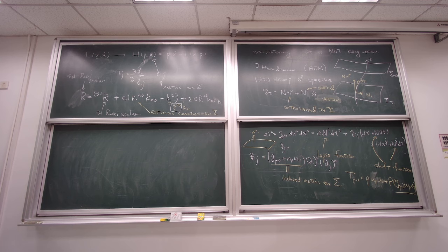And this is the first step, and the second step, write down 16 pi G R in terms of QAB and then KAB.